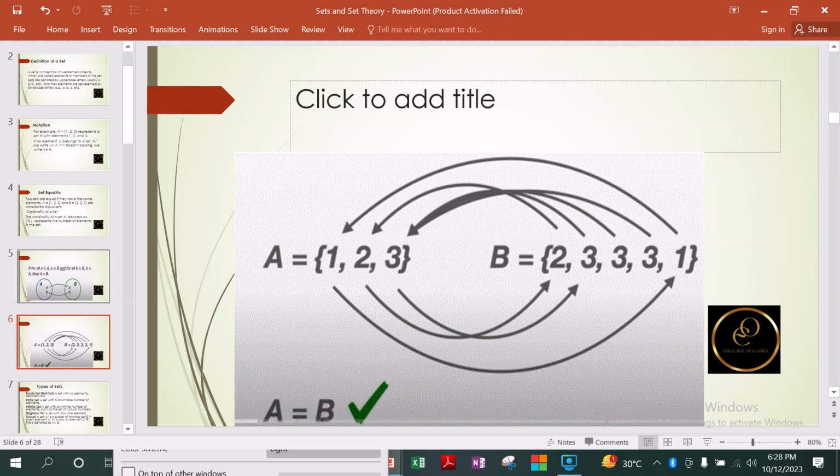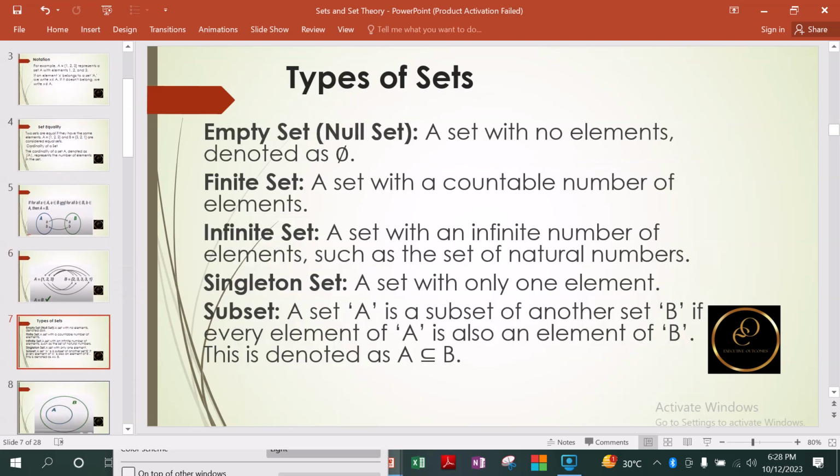So that's what we look at. Then let's look at the other one. If we talk about types of sets, we have one which we call the empty set or null set.